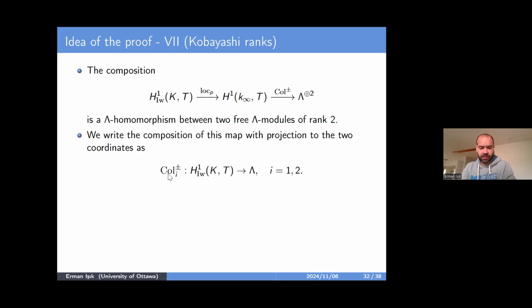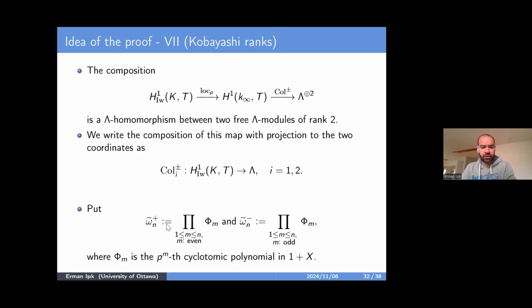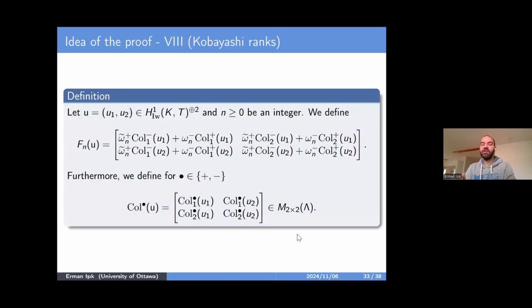coordinates like this. Also, let me introduce two more objects, which are products of certain cyclotomic polynomials. Here, I take the evens and odds. Then this is the matrix that appears in our case. Also here, we can see the alternating bit.